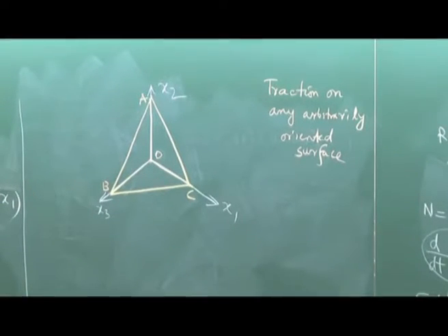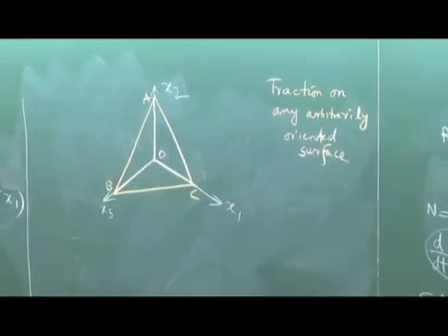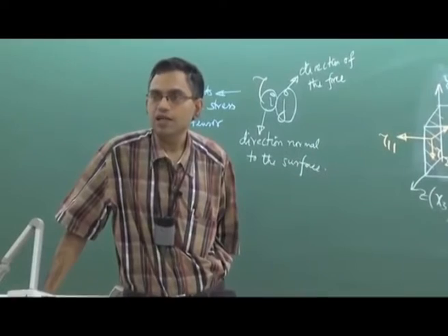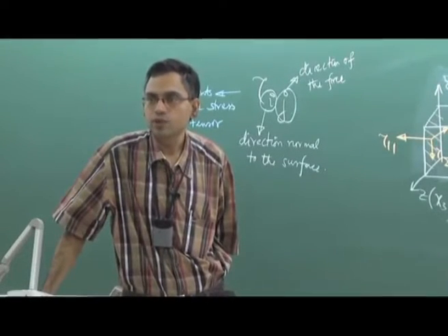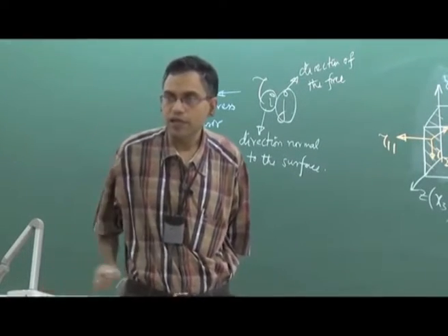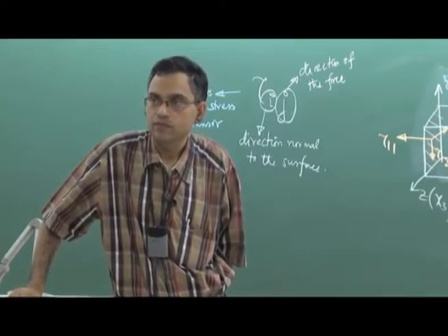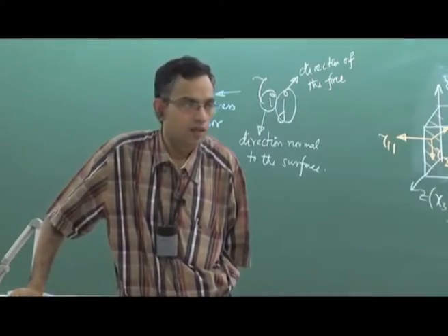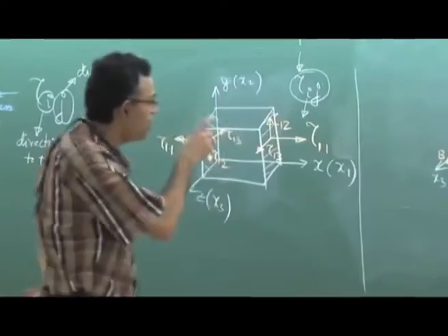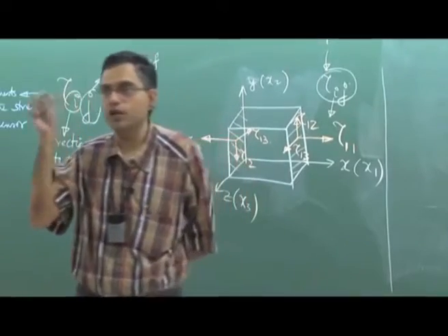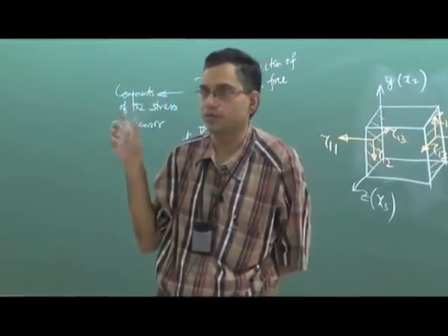So, let us say that we have a volume taken which is like this. How many surfaces does this volume have? 4 surfaces. Can you tell why we have chosen this type of surface? In this volume there are 3 surfaces which have normals along x1, x2 and x3, but the 4th one is not.